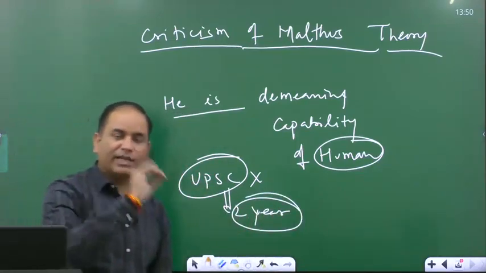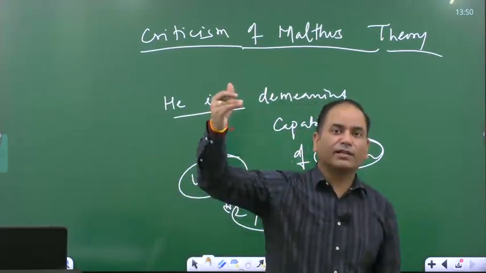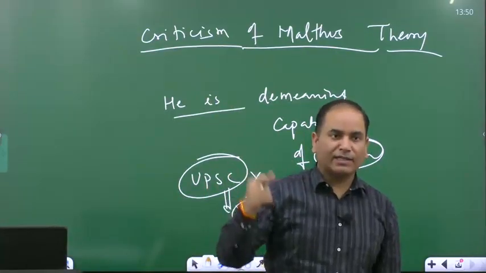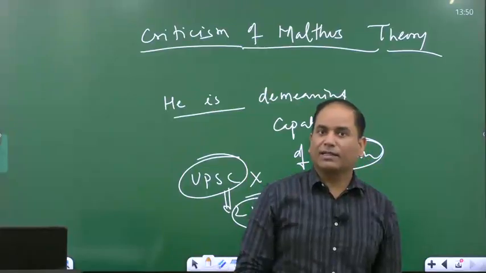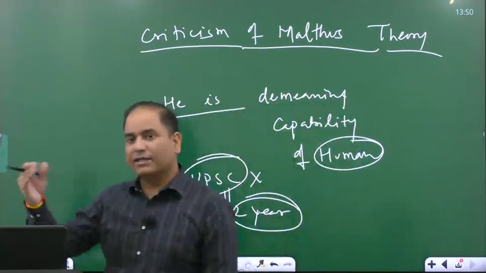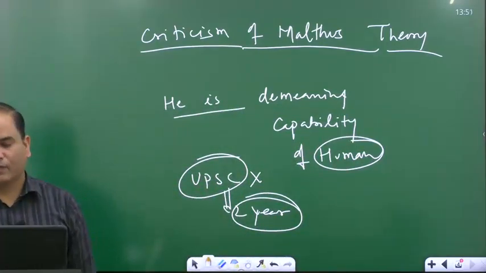So that was his biggest drawback, because in that time period technological advancement had started. रेलवे आ गया था, इंडस्ट्रियलाइजेशन शुरू हो गया था. So how is it possible that he hasn't foreseen, he has considered that the agriculture will grow only arithmetically?